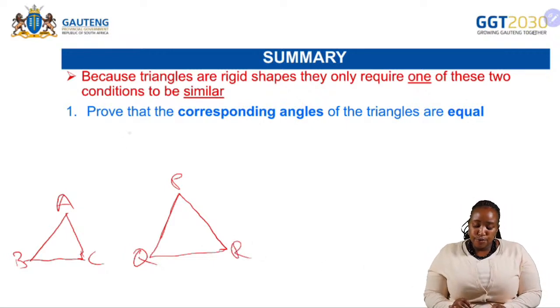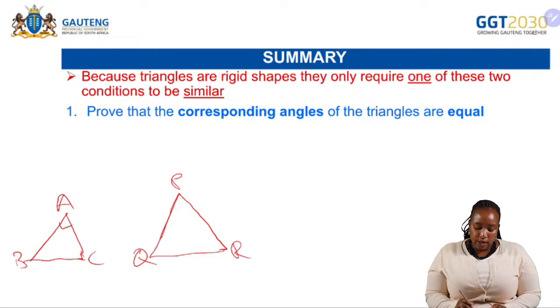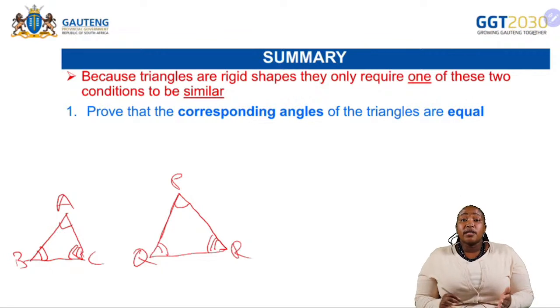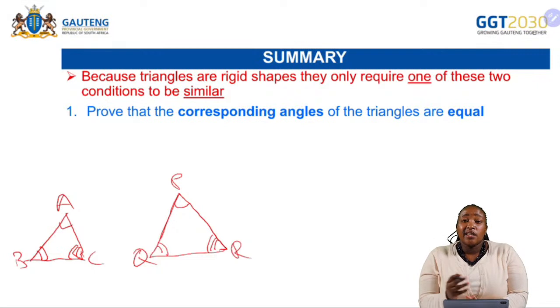For you to prove that the corresponding angles of the triangle are equal, if you're saying this angle at A is equal to that angle at P, and you also prove that the angle at B is equal to the angle at Q, and the angle at C is equal to the angle at R, we need 3 lines. Once you've proven that these are equal, what you've basically done was to prove similar triangles. Remember, similar triangles just means that they have the same shape but not necessarily the same size.